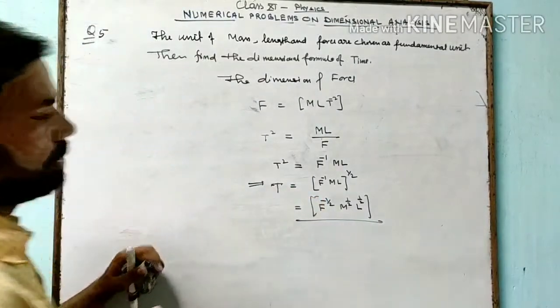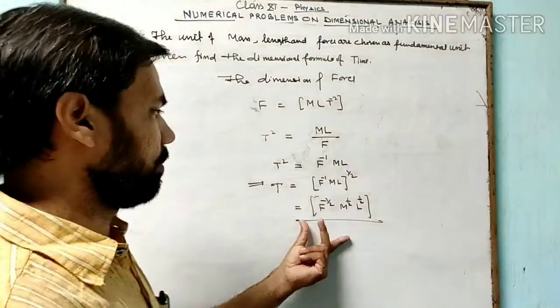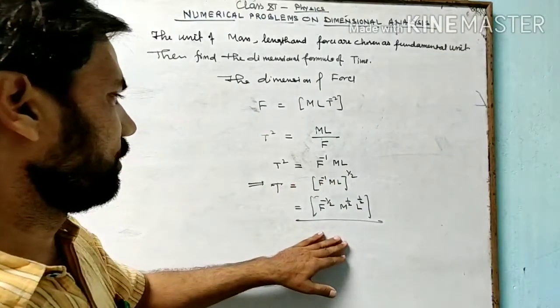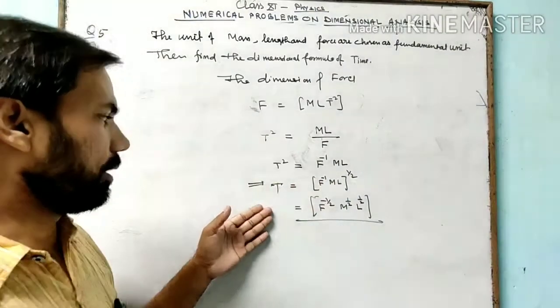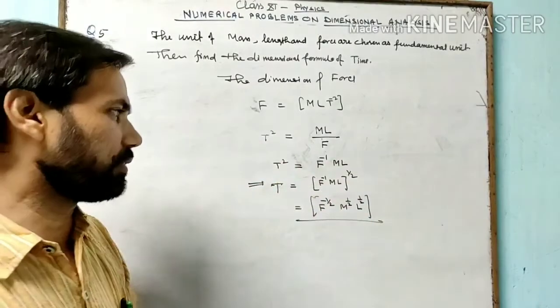That's very simple. And in competitive exams, questions can be asked like that, not directly by giving the physical relation and asking to find the dimensional formula of a particular physical quantity.